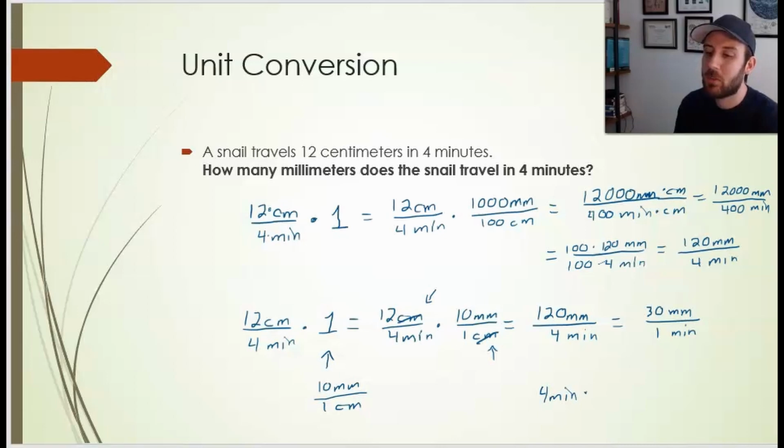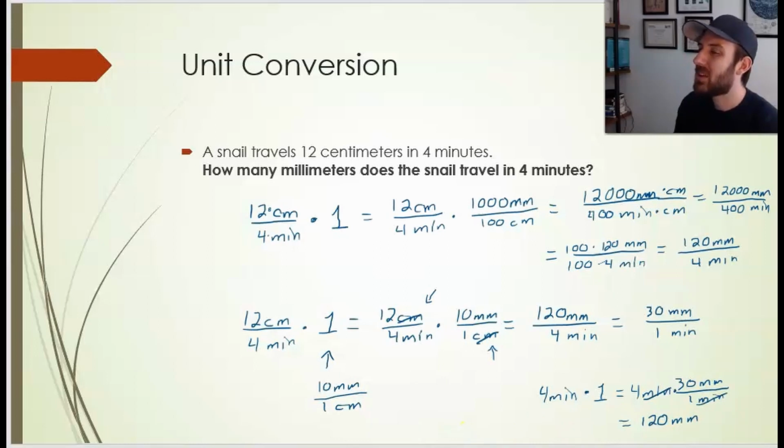We recognize that we could multiply that by a hidden number 1, and then that hidden number 1 could take the form of 30 millimeters divided by 1 minute, because that's how many millimeters I do travel in 1 minute. 30 millimeters is the same meaning in the story as 1 minute. Well, that's going to get you 120 millimeters after the minutes cancel away.